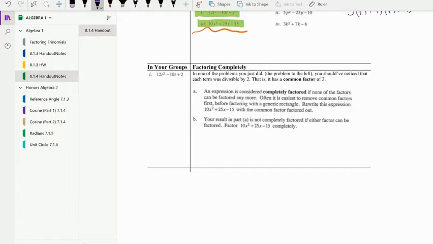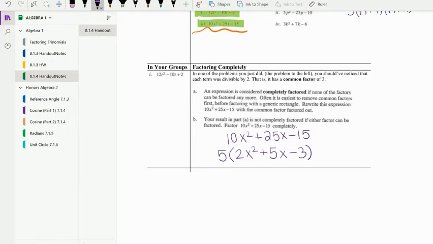So I have 10x squared plus 25x minus 15. We want to look, what is the greatest common factor? We already decided earlier that it was 5. So like what we did at the very beginning of this factoring unit, we just take out a GCF. If we take out 5, we get 2x squared plus 5x minus 3.